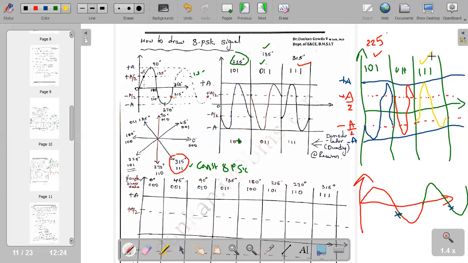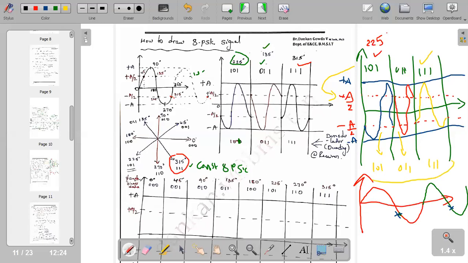A bit stream 311. Now at the transmitter end, this is how the binary bit streams are encoded into these phase angle waveforms. At the receiver end, once the receiver receives this phase angle signal, it is mapped to the bit stream 101, this phase angle waveform is mapped to 011, and this phase angle is mapped to 111.